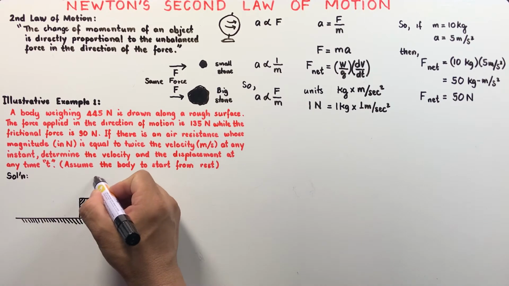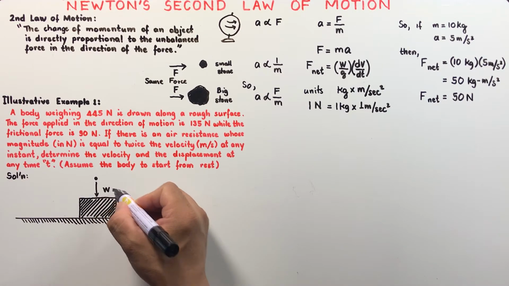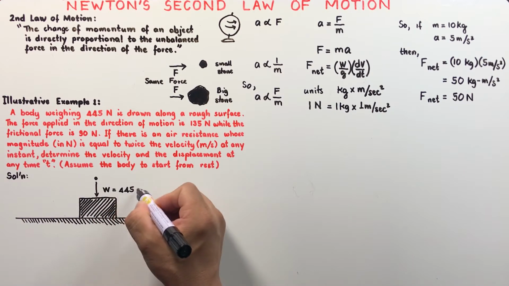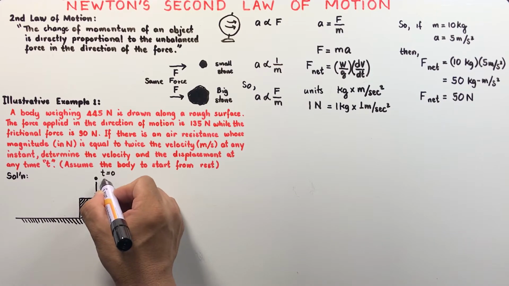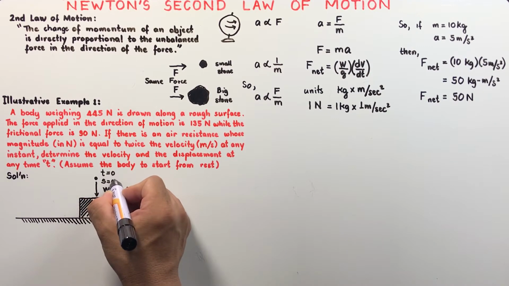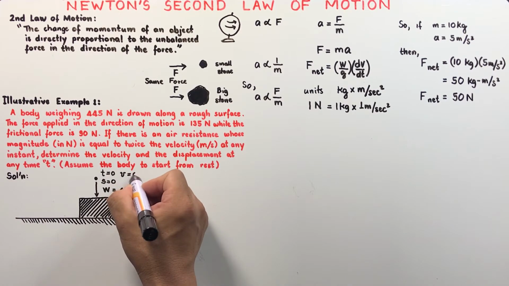This object has a weight of 445 newtons. At the start, time 0, our displacement is also 0, meaning the object is not moving at the start. So the velocity is also 0.